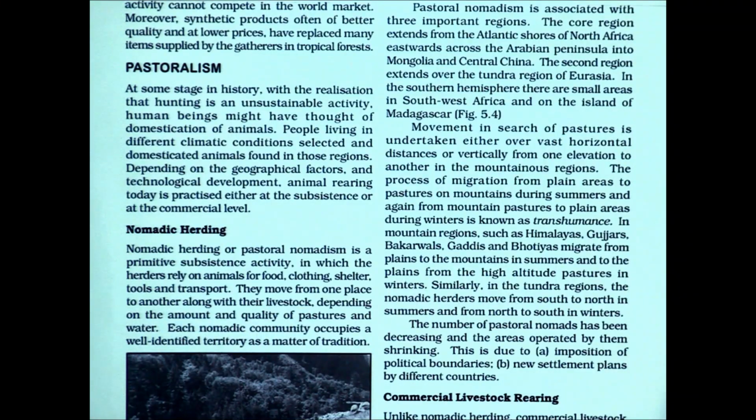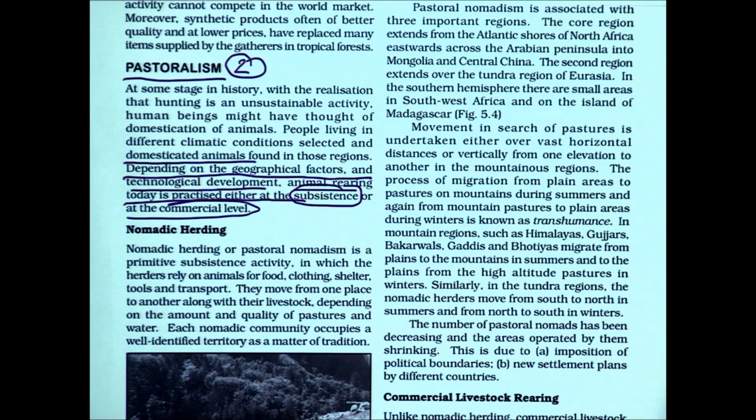Comes in primary activity number 2, and the primary activity number 2 is pastoralism. It basically correlates to domestication of animals. Now depending on the geographical factors and technological development, animal rearing today is practiced either on subsistence or at commercial level.